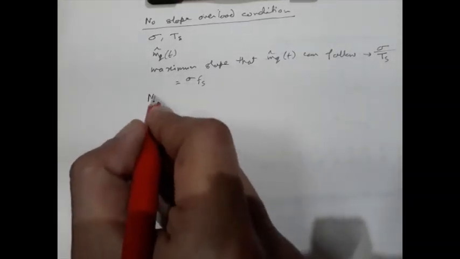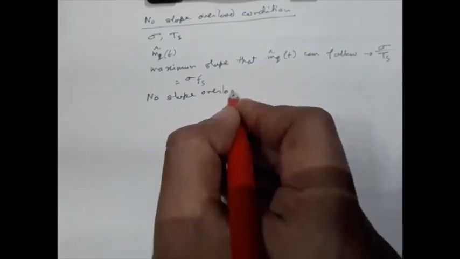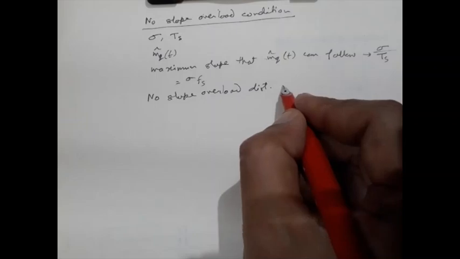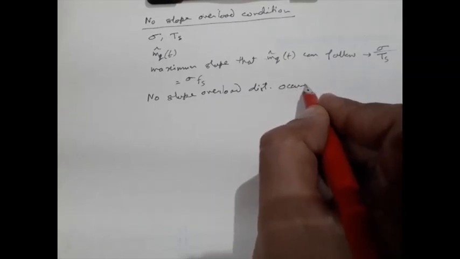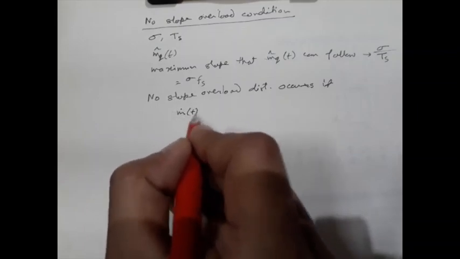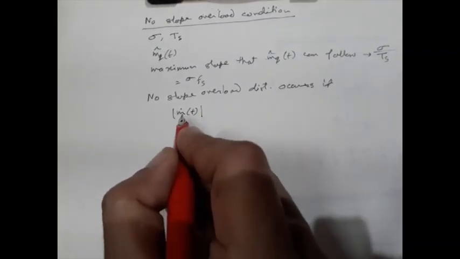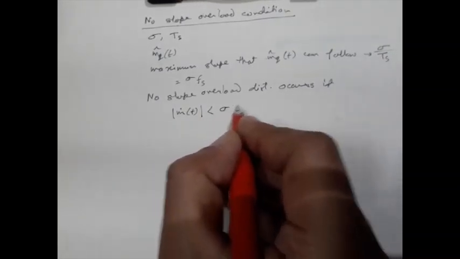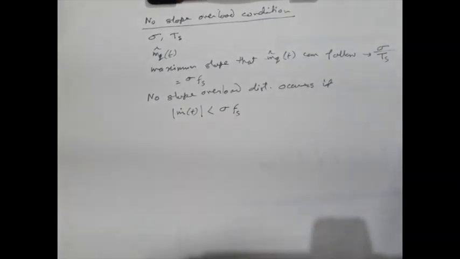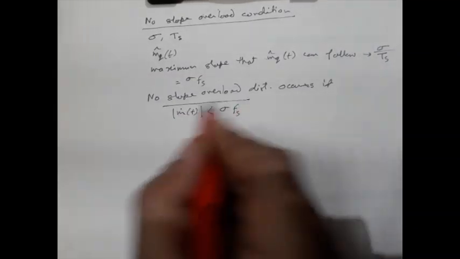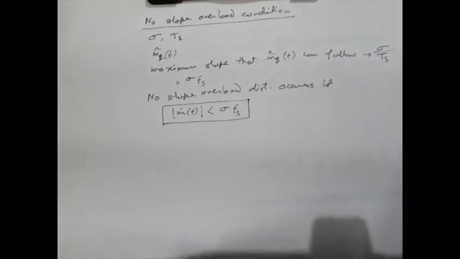So no slope overload distortion occurs if the slope of the message signal, the magnitude of m dot t, is less than sigma into Fs. This is the condition for getting no slope overload distortion.